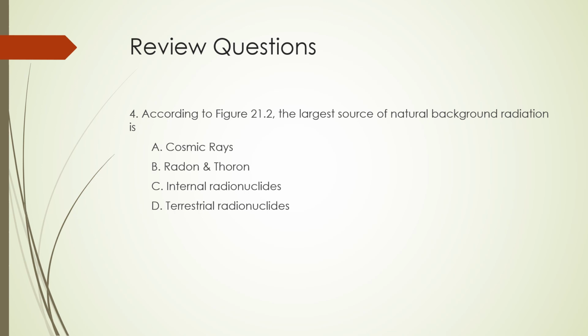According to figure 21.2, the largest source of natural background radiation is, and your choices are: first choice, cosmic rays. Second choice, radon and thoron. Third choice, internal radionuclides. Fourth choice, terrestrial radionuclides. The correct answer is radon and thoron.